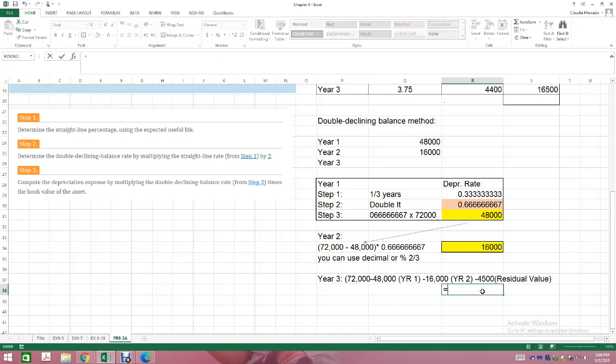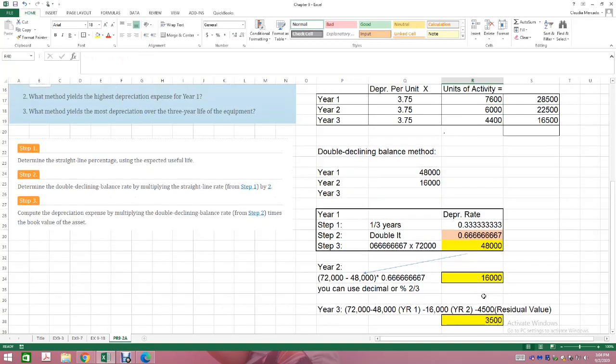So that's 72,000 minus 48,000, my depreciation from year 1, minus my depreciation of 16,000 for year number 2, minus my residual value of 4,500. So this year, year number 3, I am going to depreciate it $3,500.